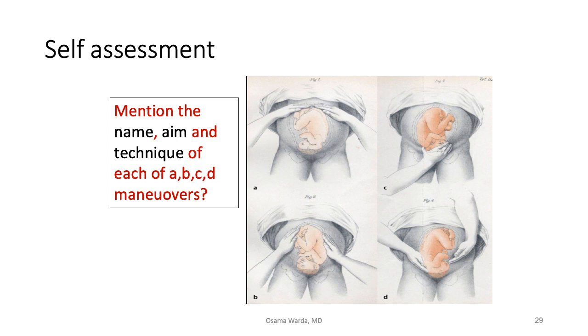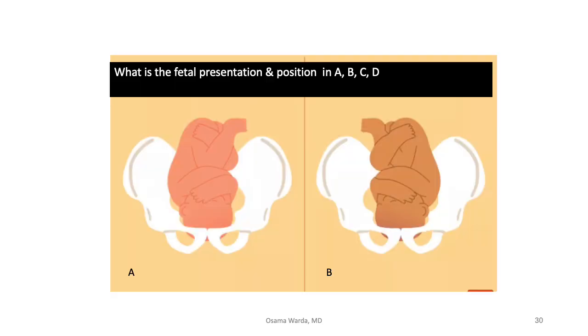Okay, another self-assessment. What is the fetal presentation and position in A? In A, the head is related to the pelvis, so it is cephalic. Where is the back? Good.